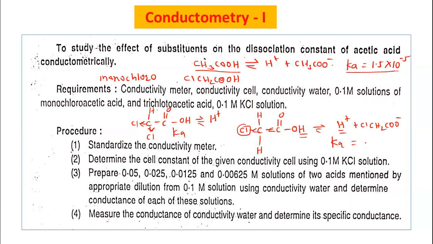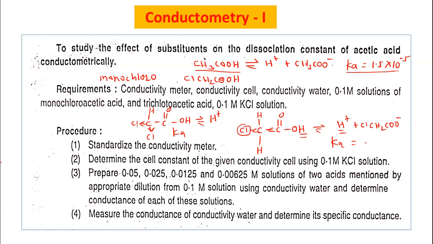Now we have to perform the experiment on this. Practically, we have to show how the dissociation constant value changes as hydrogen is replaced by chlorine atoms in acetic acid.